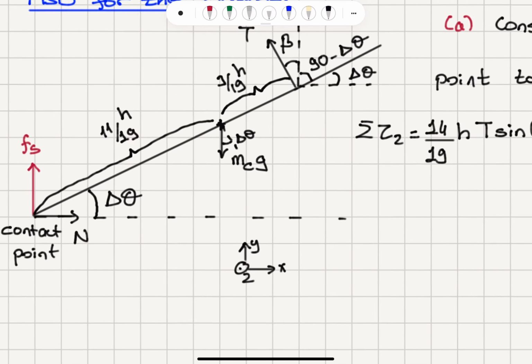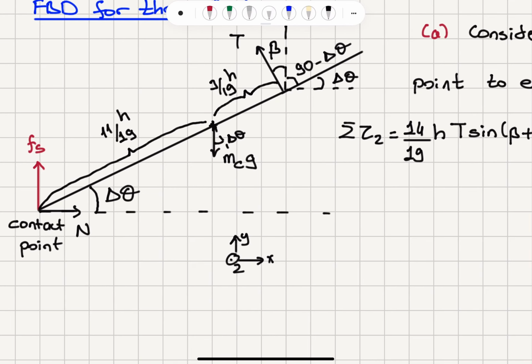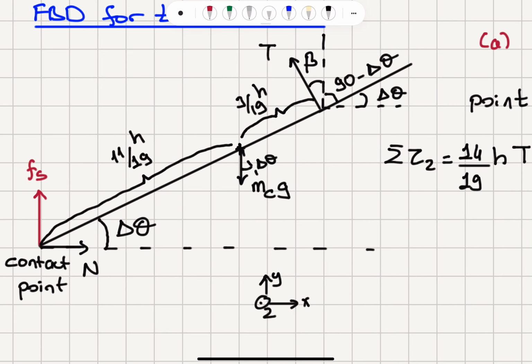The second torque comes from the weight, and you can see that the weight has a perpendicular component with respect to the body, mg times cosine delta theta, and it is at a distance 11/19 h, and the sense of the rotation here is clockwise.